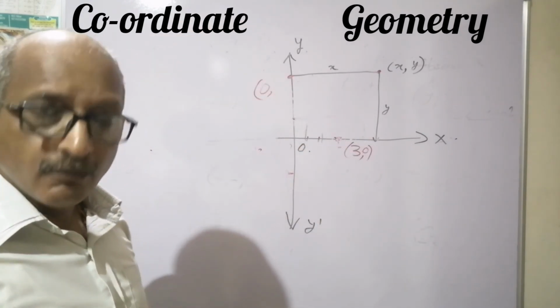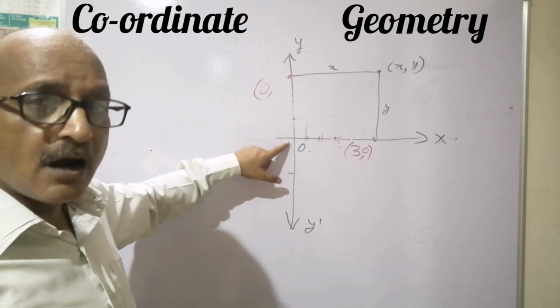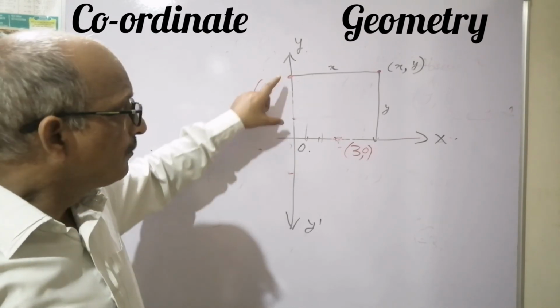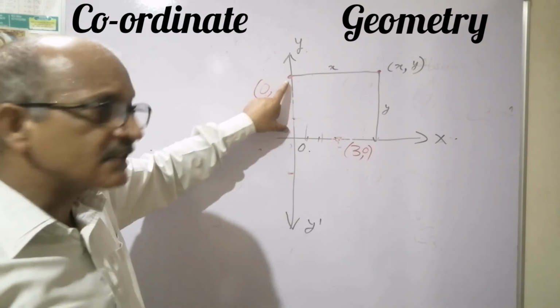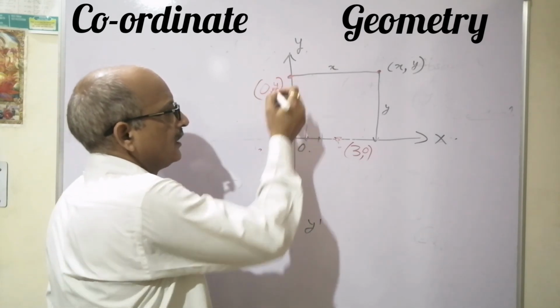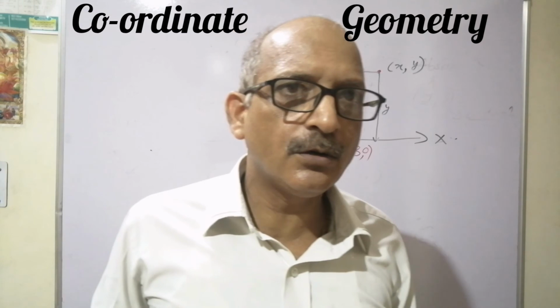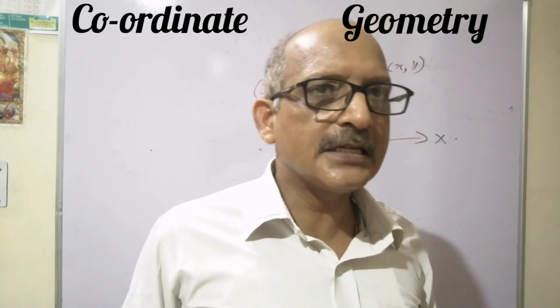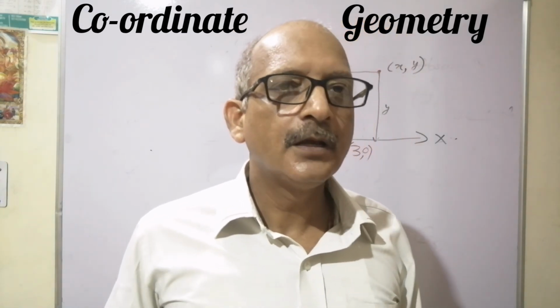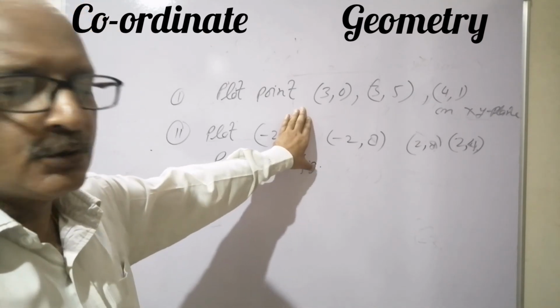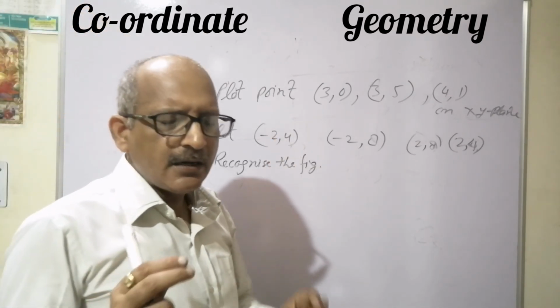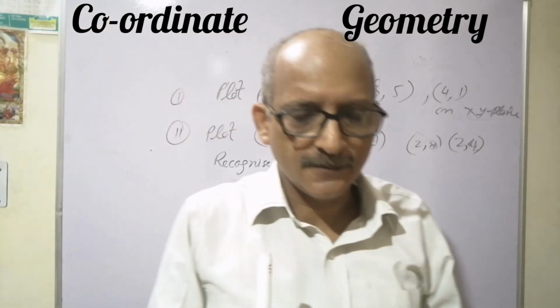Now we want to get the y coordinate. The y coordinate is counted from the x-axis. The perpendicular distance is this much, so this is (0, y). Every point on the x-axis is of the form (x, 0), and every point on the y-axis is of the form (0, y). But here only two things are to be kept in mind. I just want to recapitulate.